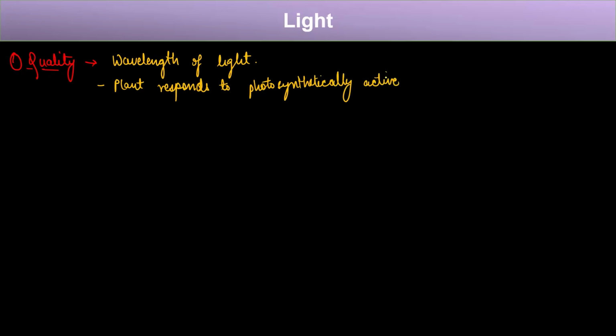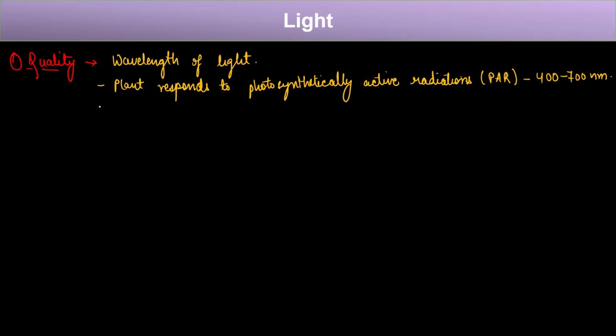These are also known as PARs. And what is photosynthetically active radiation? It comes in the range of 400 to 700 nanometers. So the plant responds to this.